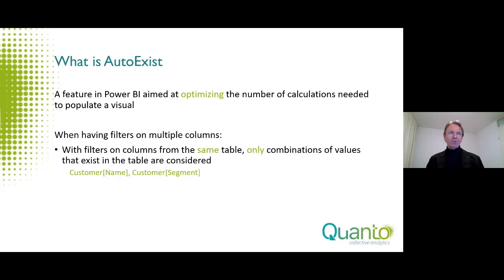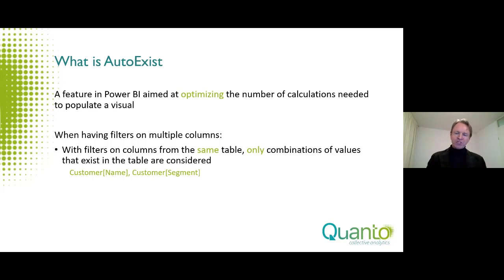Small example: if you use a column from the customer table, say the column segment from the customer table, and let's say Nike is a customer in the enterprise segment and not in the small business segment, then Power BI will never evaluate calculations for Nike and small business.